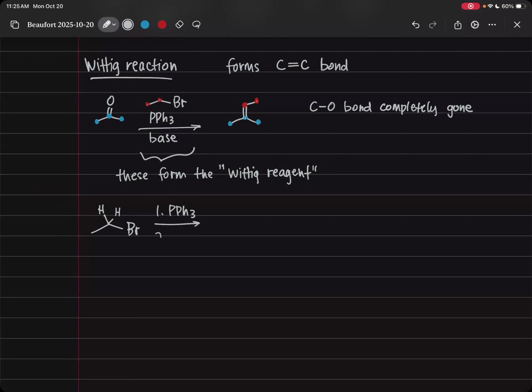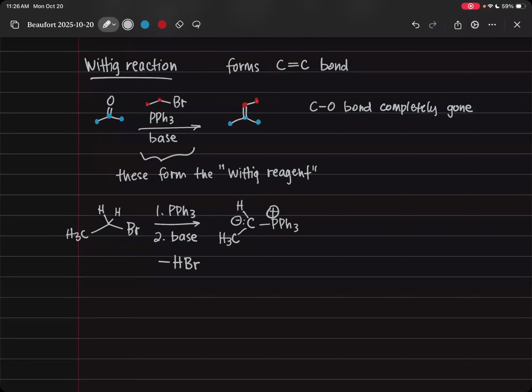And when this reacts with triphenylphosphine and some sort of base, we eliminate HBr. And what we end up with is this strange looking compound. So what's happened here?